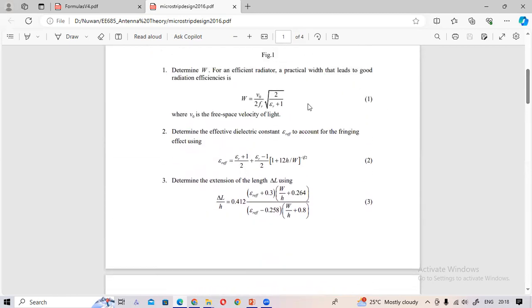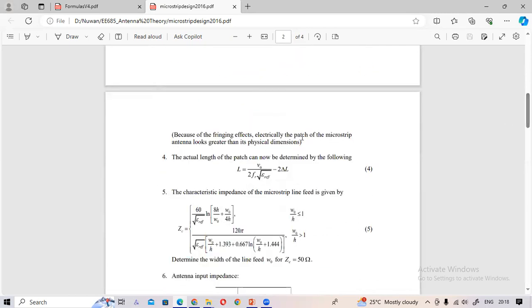Based on the width, the epsilon effective is dependent, and length is again dependent on epsilon effective. So based on width, epsilon effective is changing. Based on epsilon effective, length is changing.